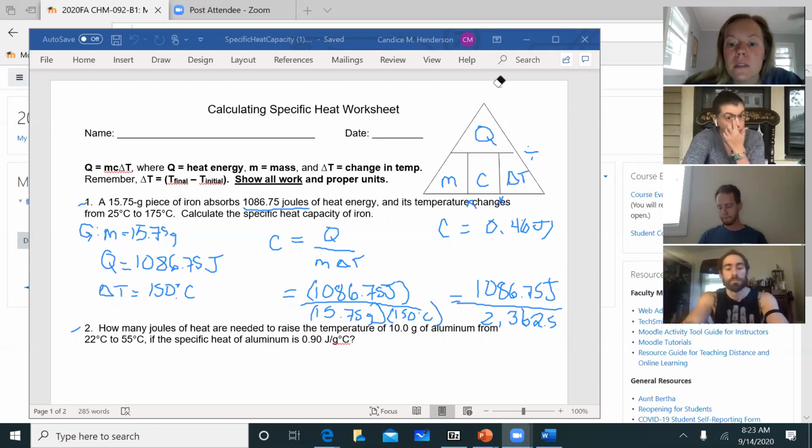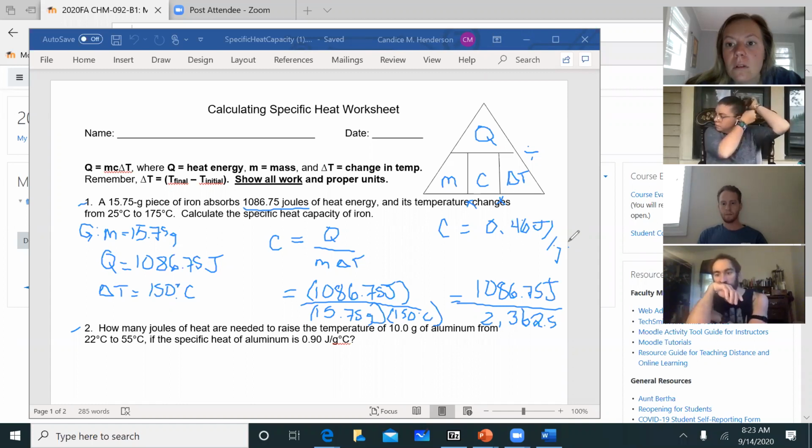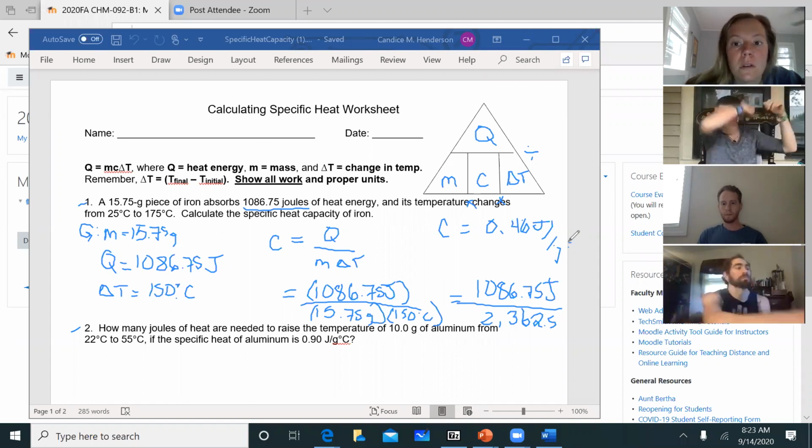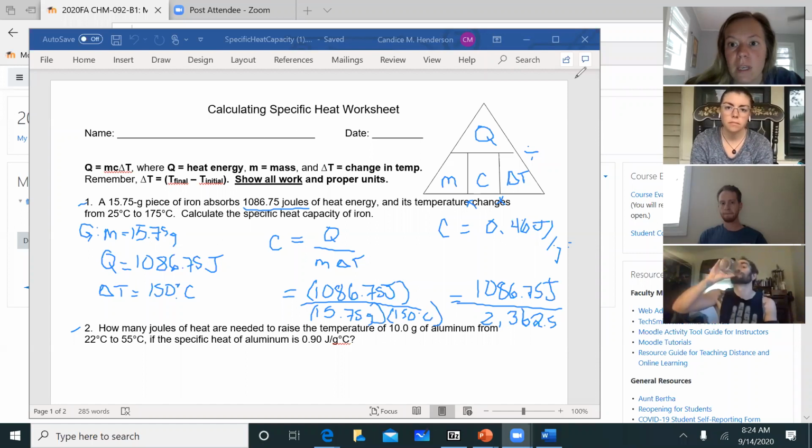Yeah, it seems like it's a little choppy. Usually it lets me know. Okay, well, it's joules per gram degree Celsius. You guys are still having trouble hearing me. Let me know if it's still choppy.